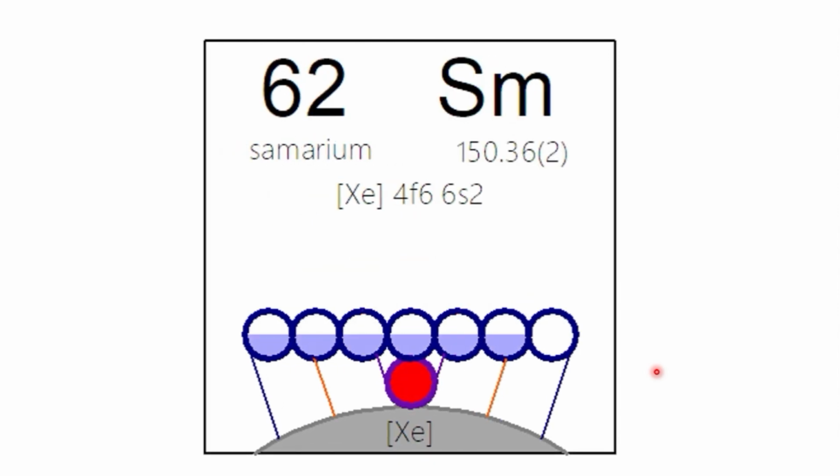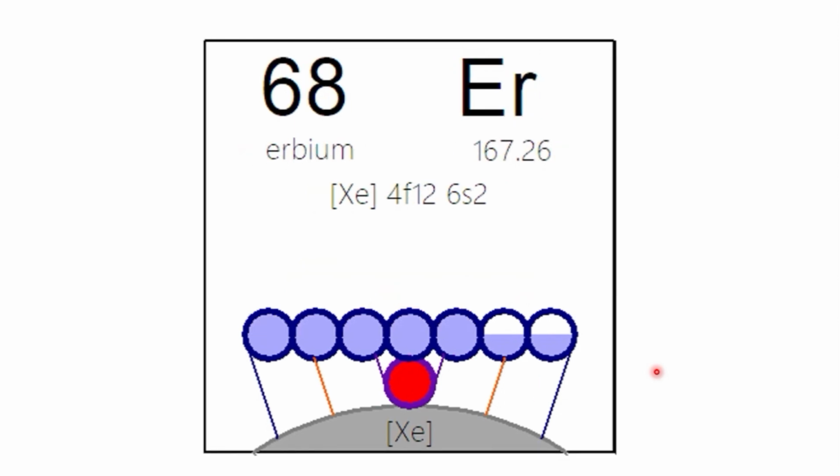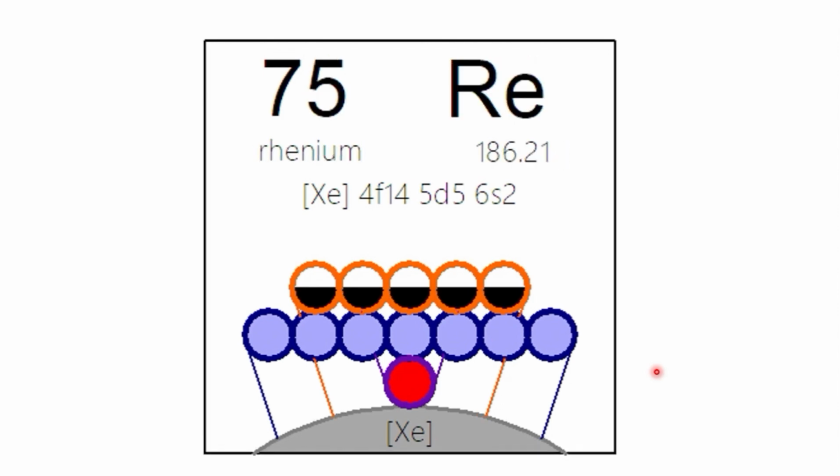You can see all these electrons, how they are filling one by one. And now we are filling this F, 4f, now 5d.